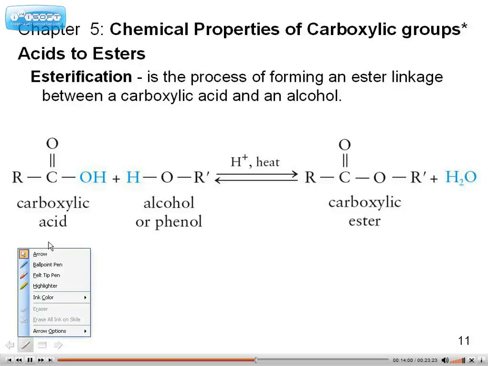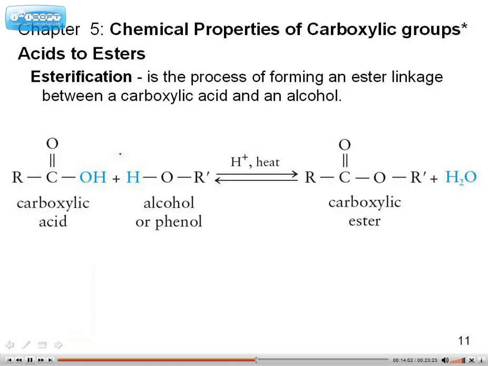Our last topic is going to be esterification. It's going to be the same type of process. Instead of swapping out the hydrogen with a sodium, we're going to be swapping out a hydrogen with an alcohol.